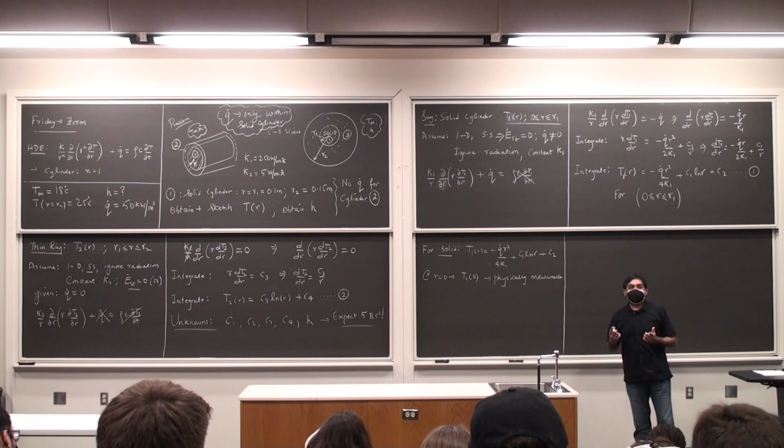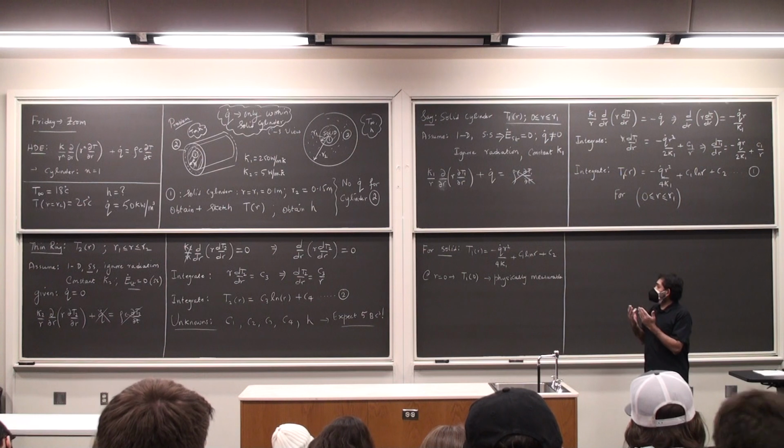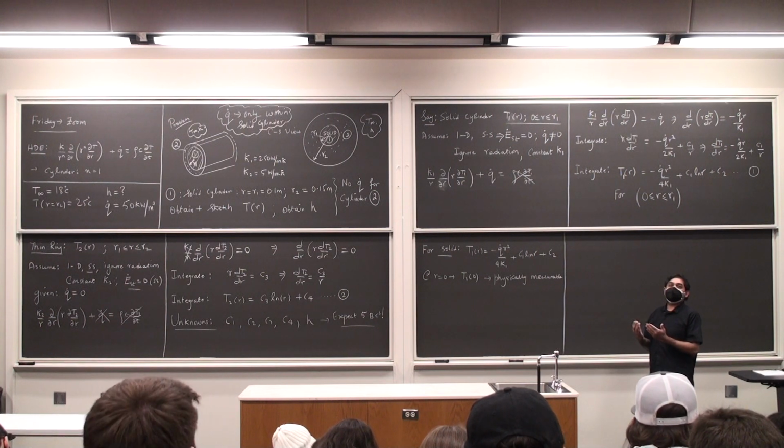So to have a physical answer, because that is a fact of life, cannot change it, the quantity C1 should end up being 0. Okay?